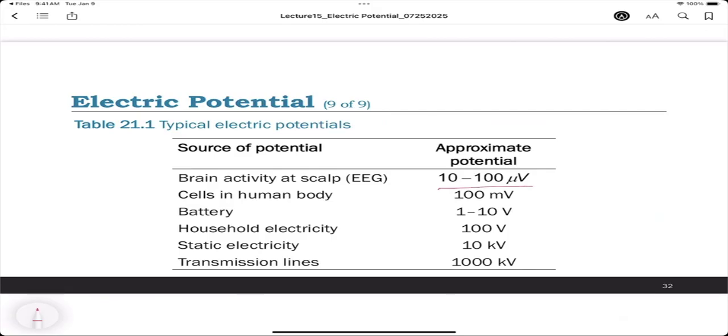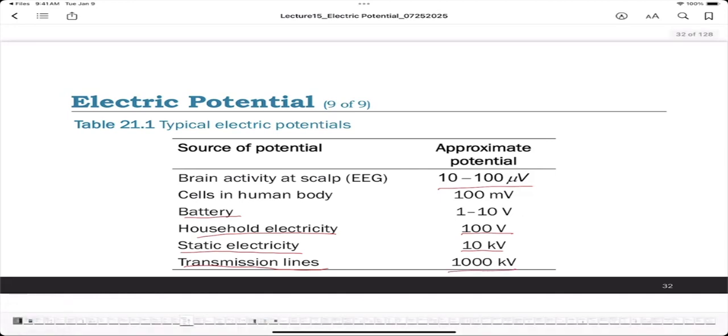The cells in the human body are around 100 microvolts, and a battery is 1 to 10 volts, and household electricity is usually 100 volts, and static electricity is 10 kilovolts, and transmission lines are 1000 kilovolts. It's huge, am I right?